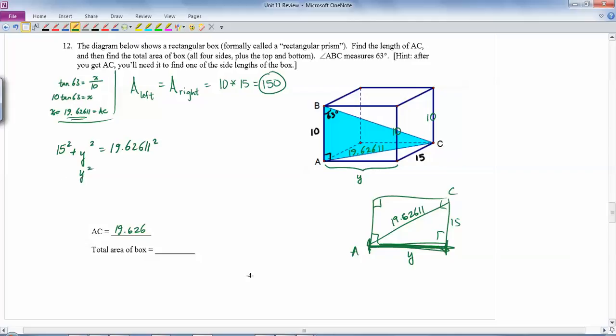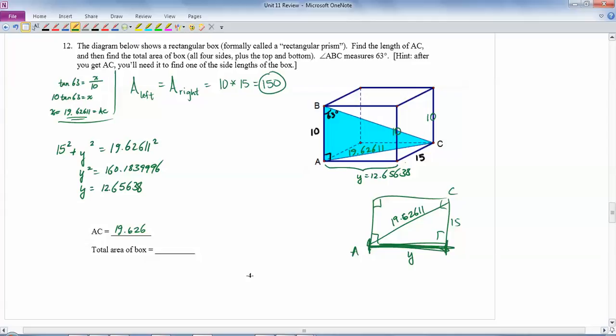So if I do y squared equals the 19.6 squared minus the 15 squared, I end up with 160.1839996. Then if I take the square root of that, it's 12.65638. So that's this length right here, 12.65638.